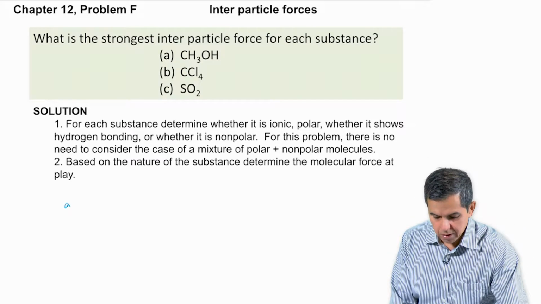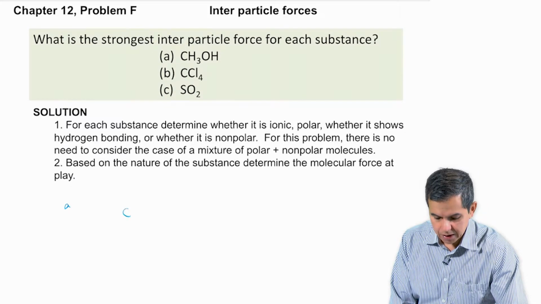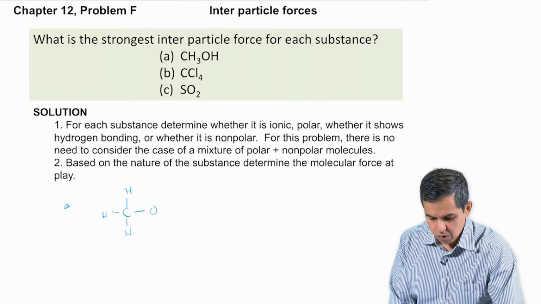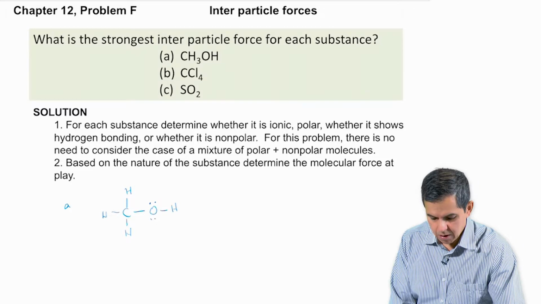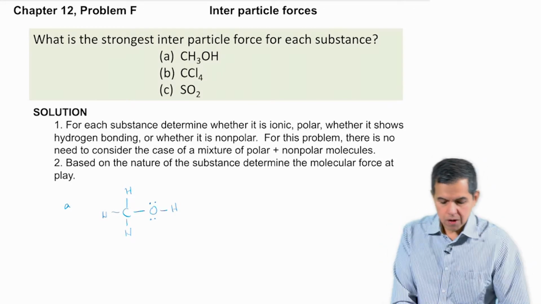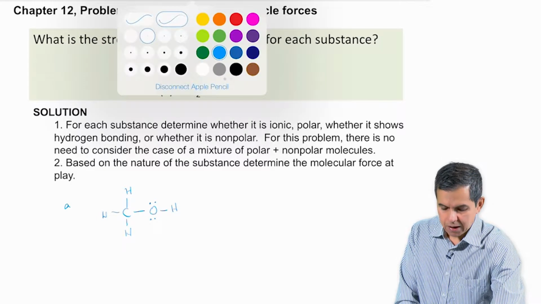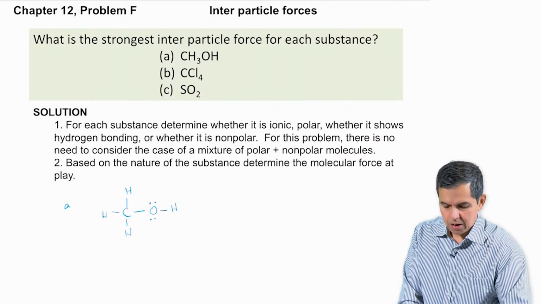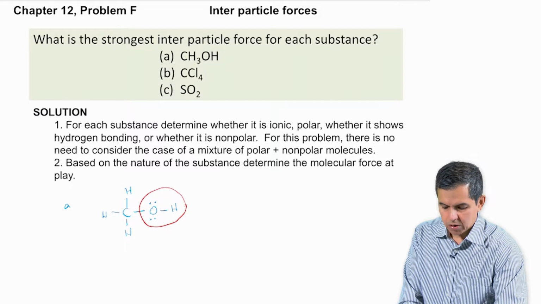Methanol is represented by a central carbon bonded to three hydrogens and one oxygen, and one hydrogen bonded to the oxygen. Recollecting our knowledge about Lewis structures, we clearly identify that the OH group here has the ability to form hydrogen bonding.